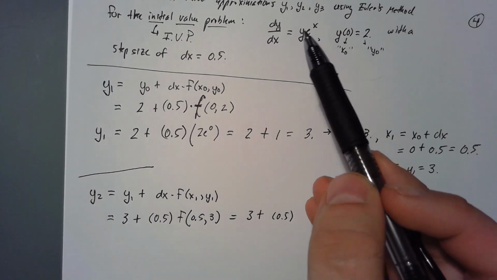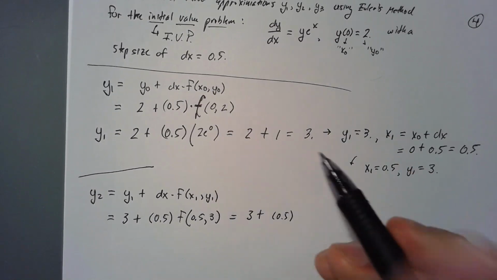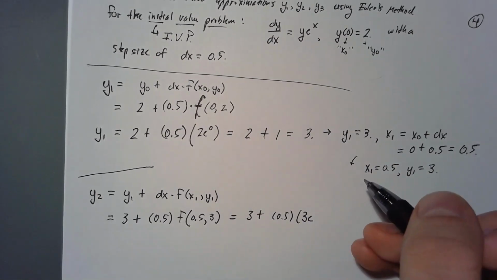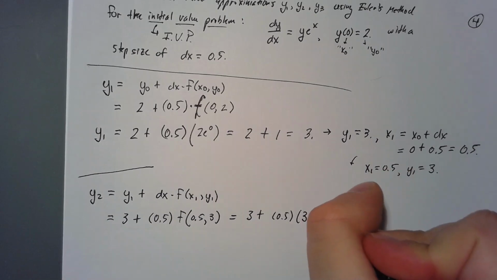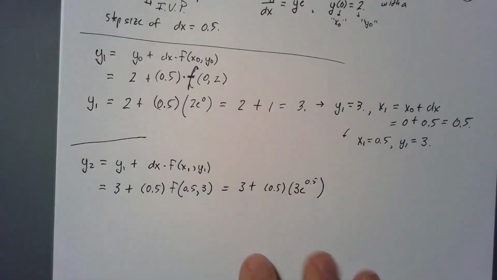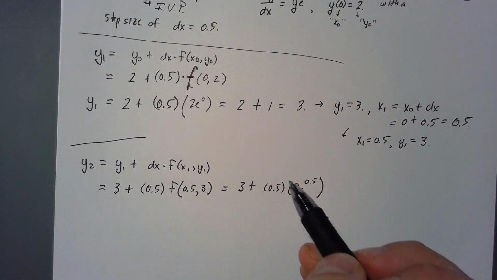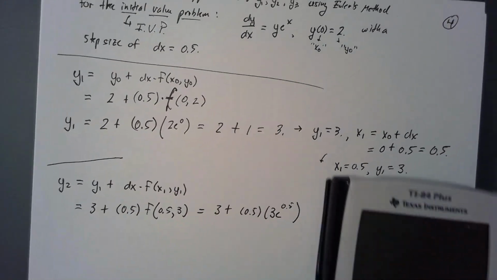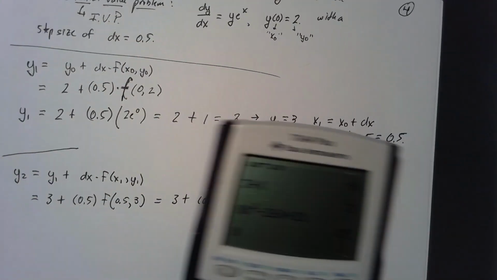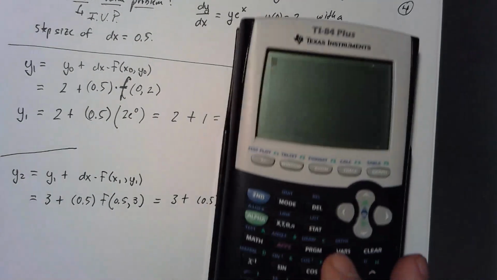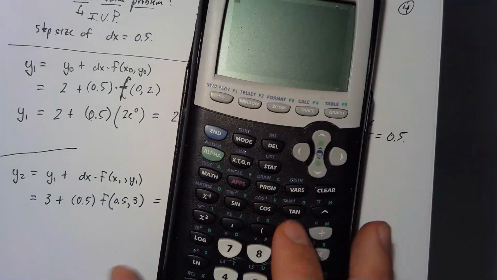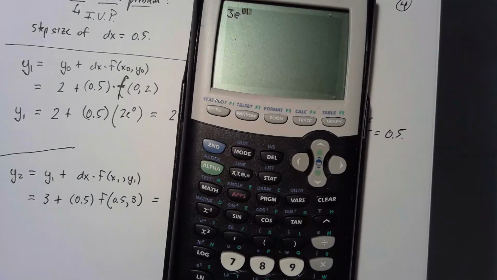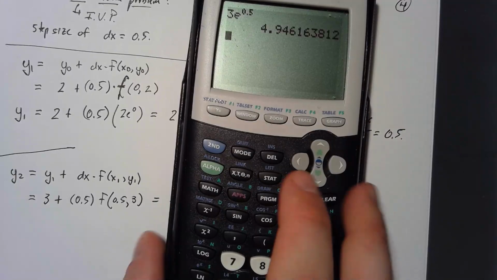So y here is 3, so I'm going to have 3 e to what power? 0.5. If you do this computation in your calculator, then you're going to multiply it by 0.5. So 3 e to 0.5 gives me 4.94.